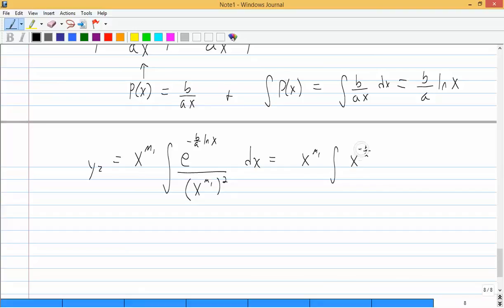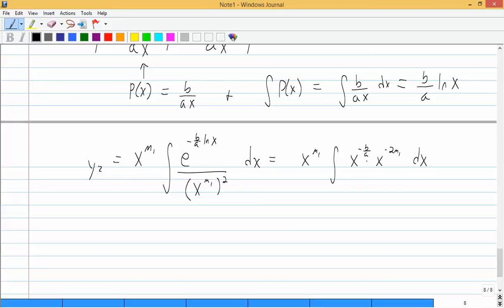So you'd have x to the negative b over a, and if you moved this up, power to a power, that would be 2m sub 1, times x to the negative 2m sub 1 dx. All right?